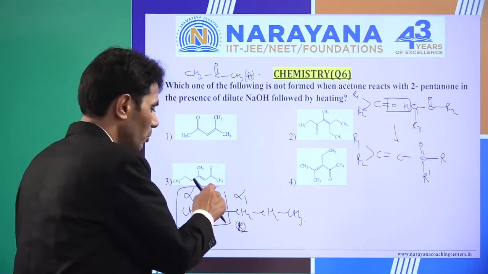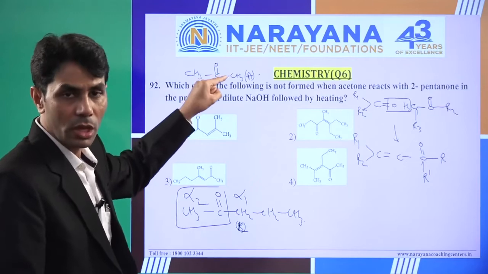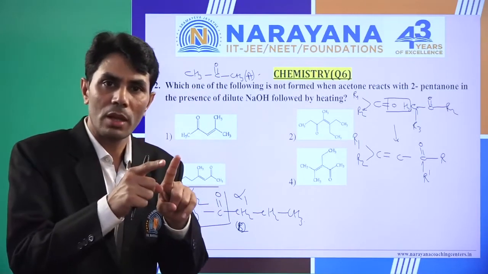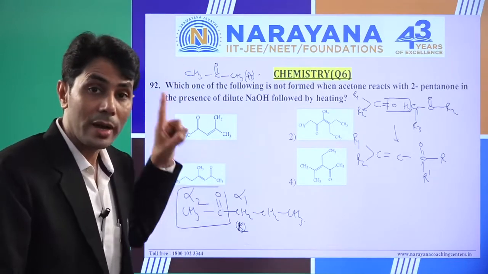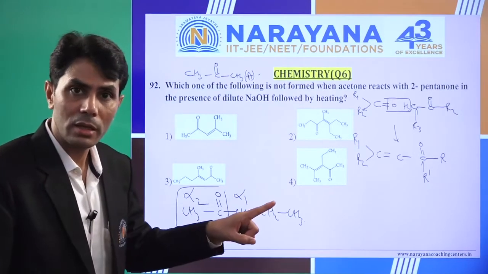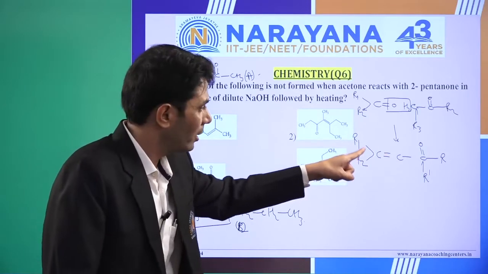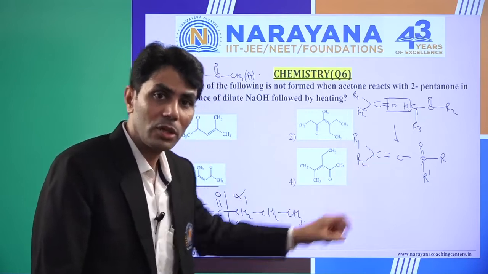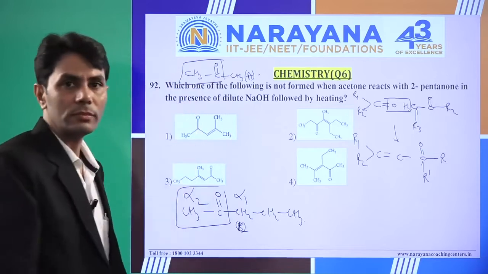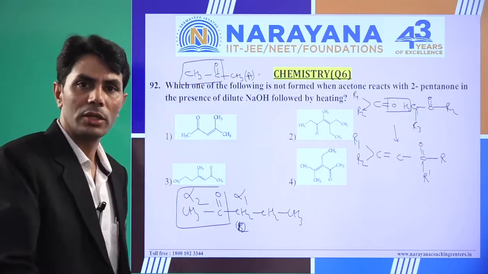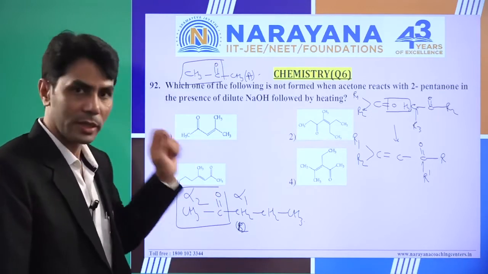Whatever case we are using, one thing is confirmed, in the final product, either we will get pi bond on the second carbon, or we will get methyl keto. This conclusion is 100% sure in either of the case.